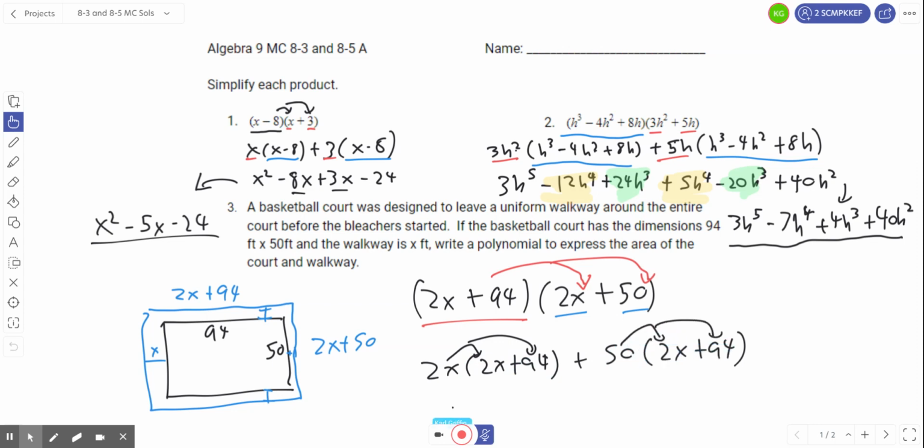So 2x times 2x, 2 times 2 is 4, x times x is x squared, 2x times 94, 2 times 94 is 188, and then we just have an x hanging out at the end. 50 times 2x is 100x, and 50 times 94, 4,700? Let me check it. Yep, 4,700. Okay.